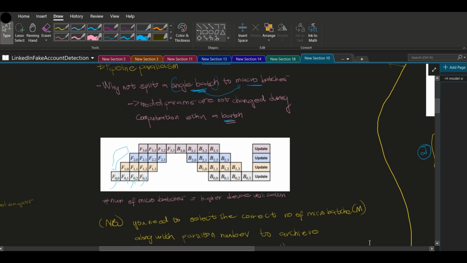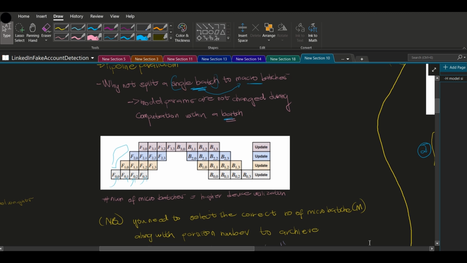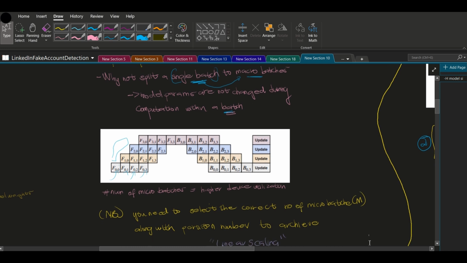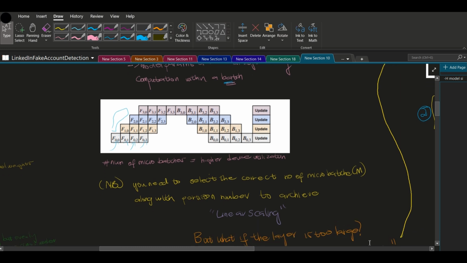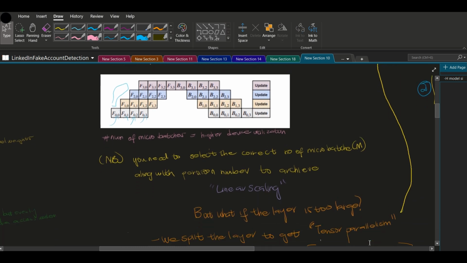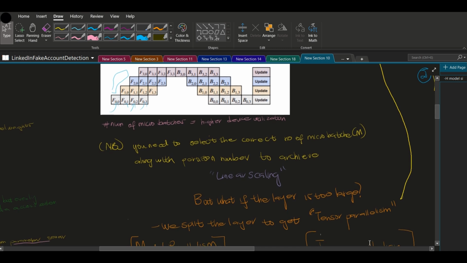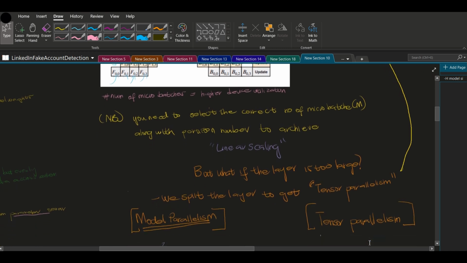For the best performance, make sure that the number of macro batches matches the number of devices utilized. So you need to select the correct number of macro batches along with the partition number to achieve a linear scale. That is quite important.